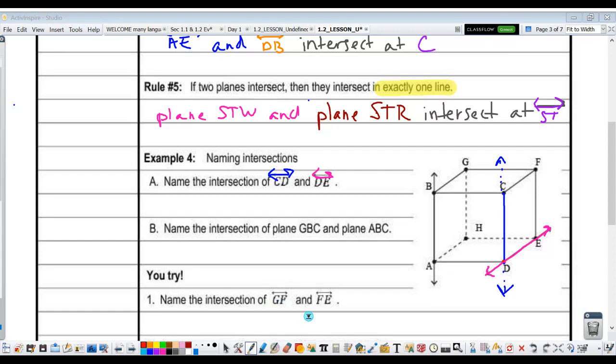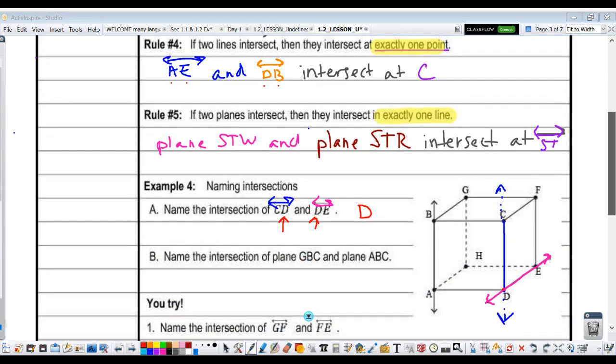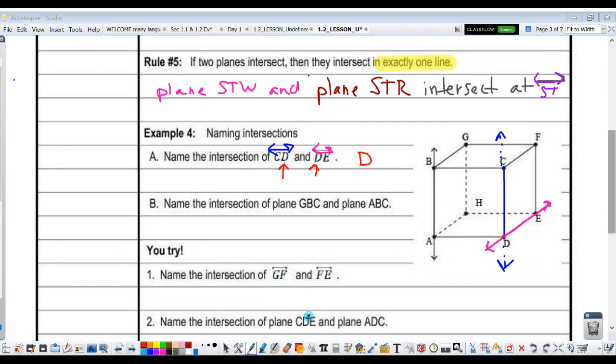They meet at point D. And notice that D is in both of the lines. Sometimes that works, but sometimes it doesn't. We have A and E and D and B. There's no points in common except for the intersection.